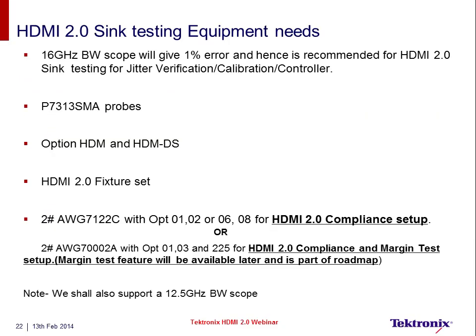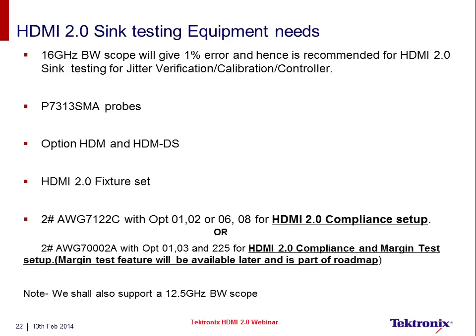Before we go into the details of the test, let us focus on the test equipment needed for HDMI 2.0 sync testing. You invariably need the 16 GHz oscilloscope, as we stated earlier during the source test discussion. You need at least two 7313 SMA probes for signal verification.